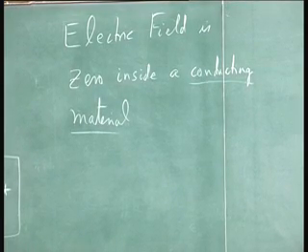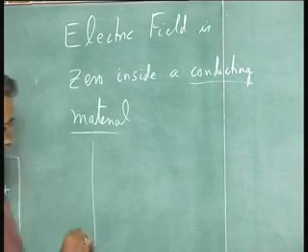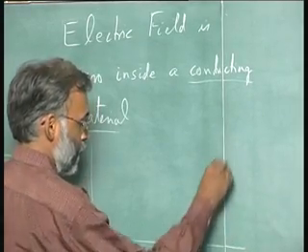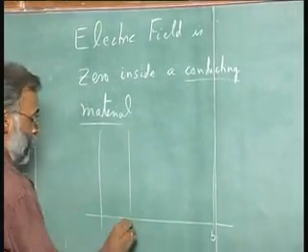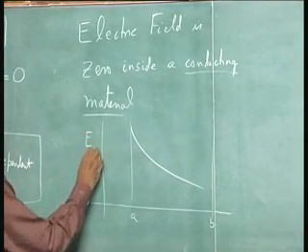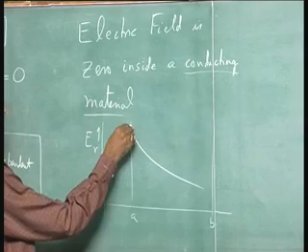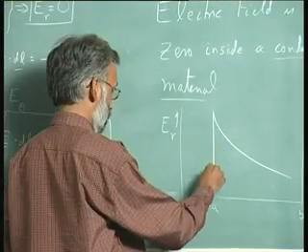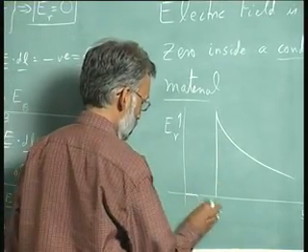So, our plot: this was B, this was A, this was electric field E_r. It goes to 0 at A and remains 0.